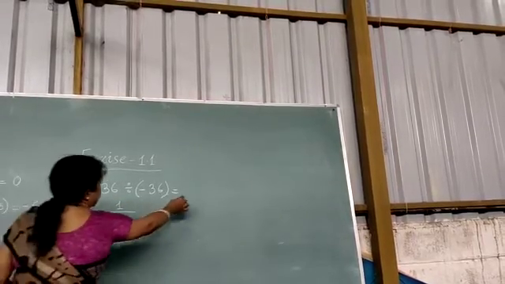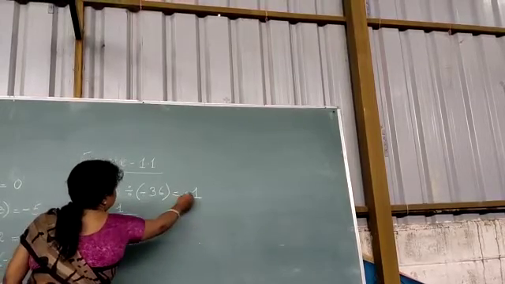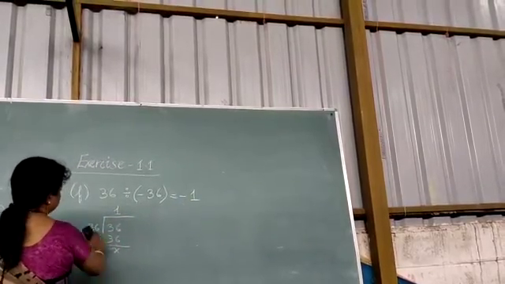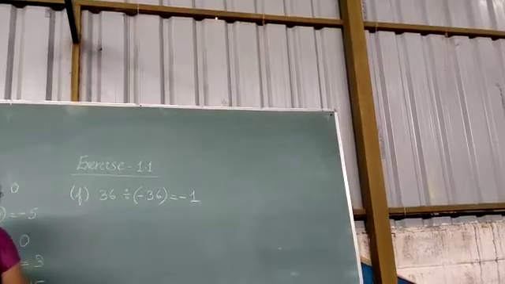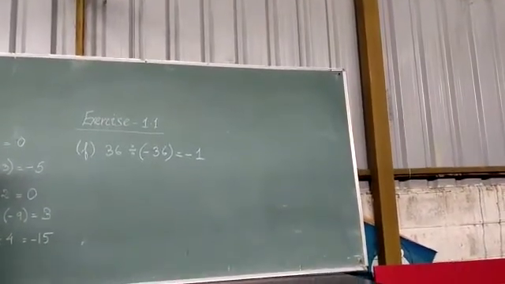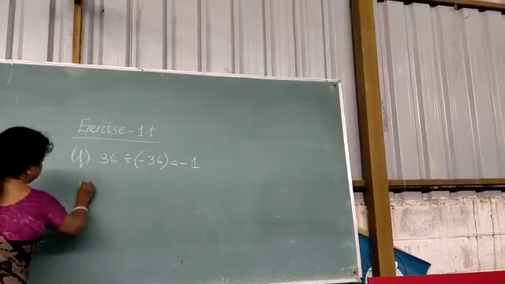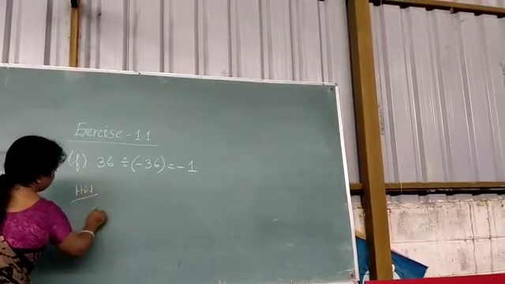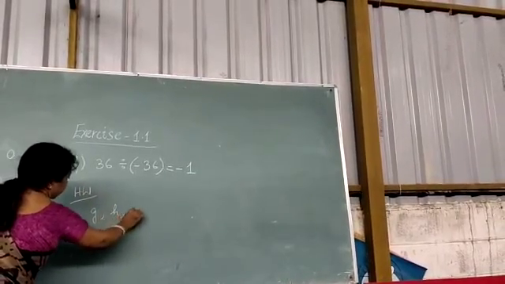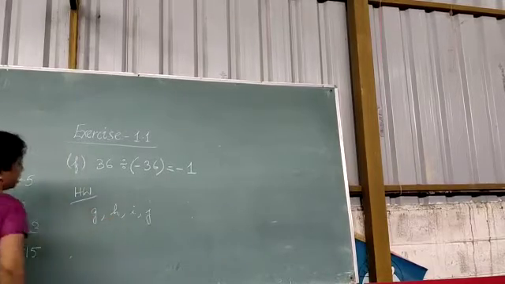Right? So we write here 1 and our sign will be minus. So till F I have done. You will be doing homework G, H, I and J. So homework will be G, H, I and J.